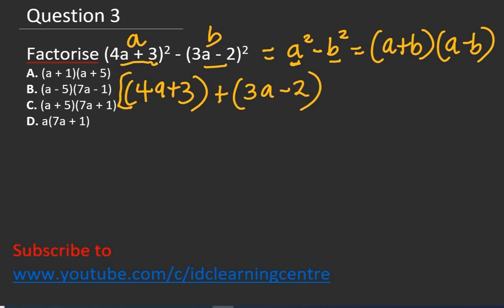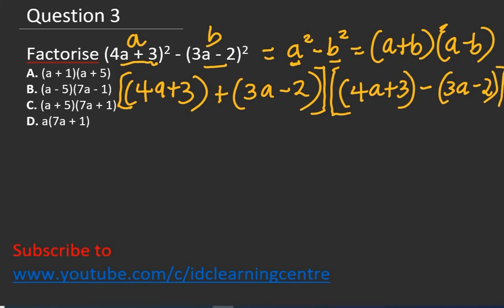Now close the bracket like we have here. Open a new bracket. The a again, which is 4a plus 3. Now minus the b, which is 3a minus 2, close the bracket.